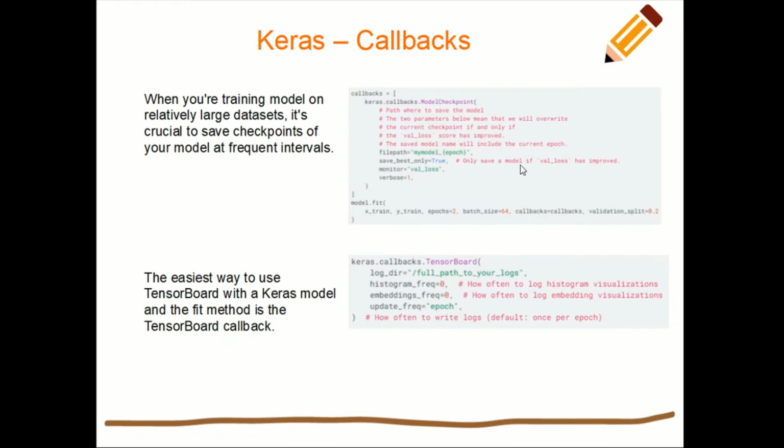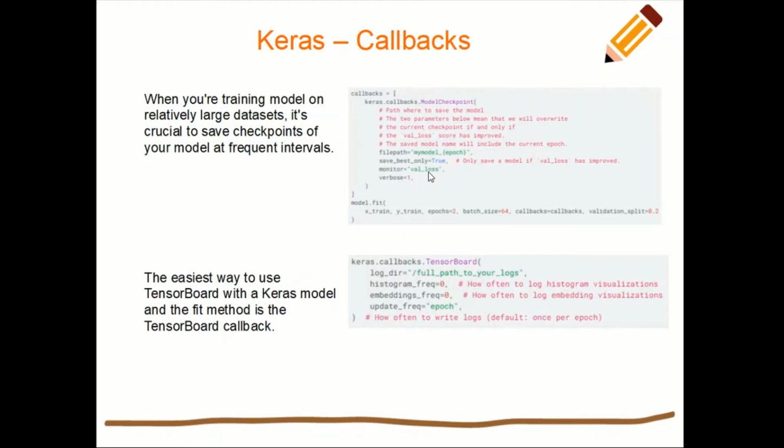The second callback that I wanted to discuss was the model checkpoint. During the training, if you want to save the weights, because the training can fail, right? And if we have not saved anything, we are going to lose the whole work, the whole time actually. If we save the checkpoints at regular intervals, then we can at least fall back to the last one. That's why this model checkpoint callback is useful.